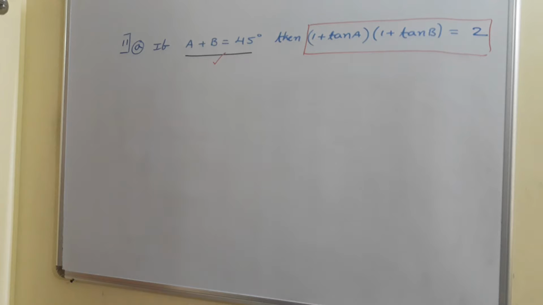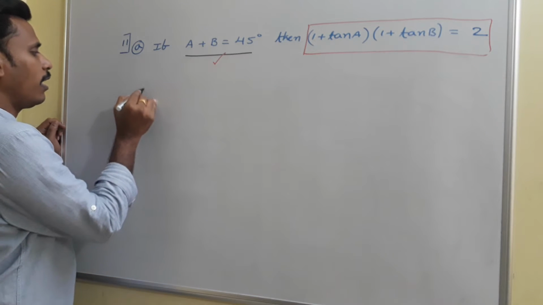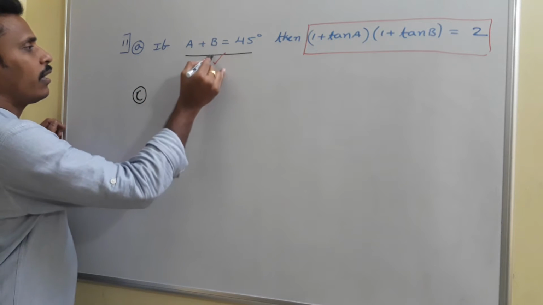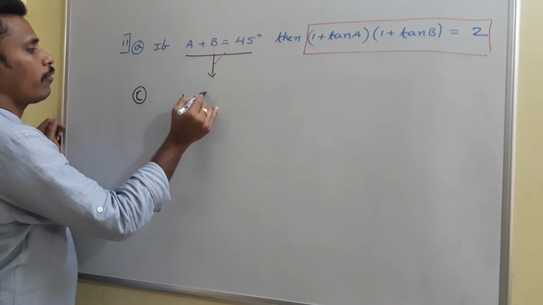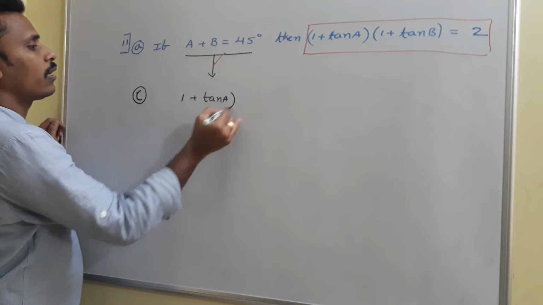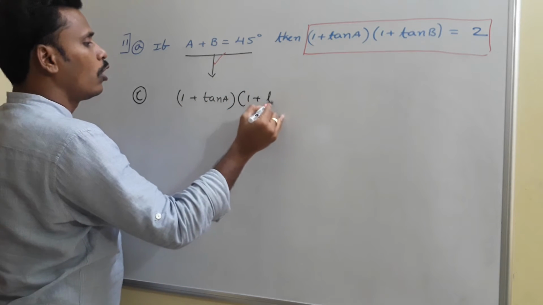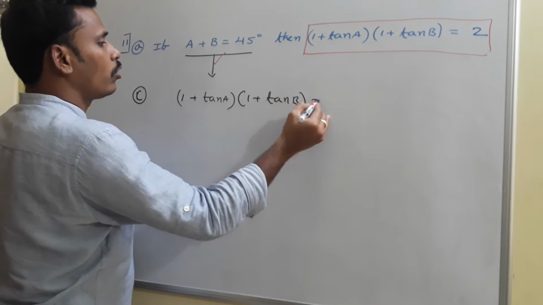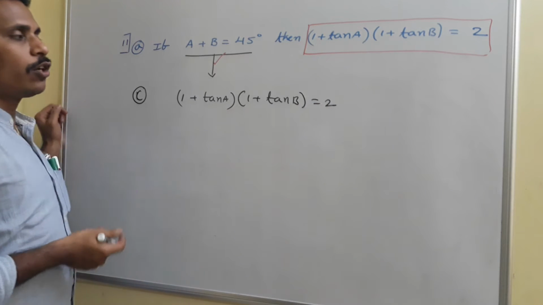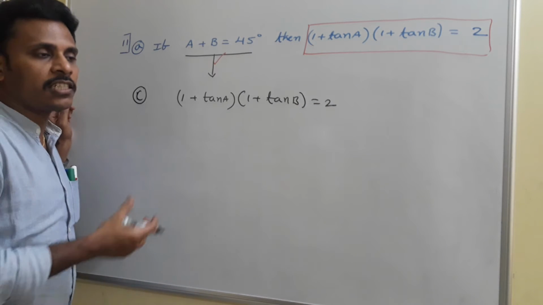Sometimes the problem may not be in tan, it may be in cot also. Okay, 11C. So what we have at the end, if A plus B is equal to 45 degrees, we have that 1 plus tan A into 1 plus tan B is equal to 2. Further we need to simplify and then get a relation in terms of cot.